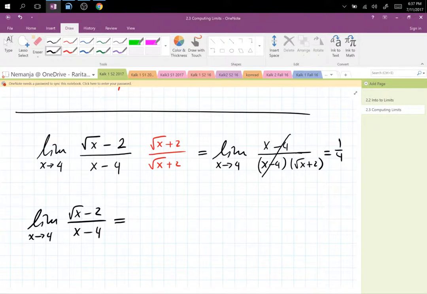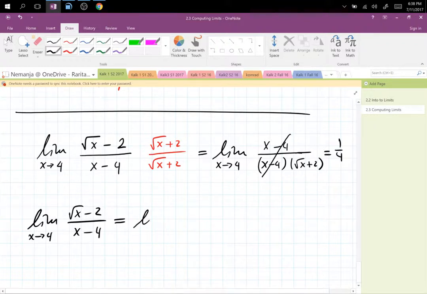What's the other F word that we can use to solve the problem differently? Factoring, good. So we can factor denominator. Root x minus 2, root x plus 2 if you factor denominator. Nice. You can factor anything.